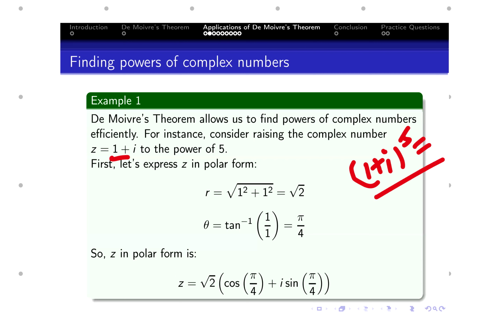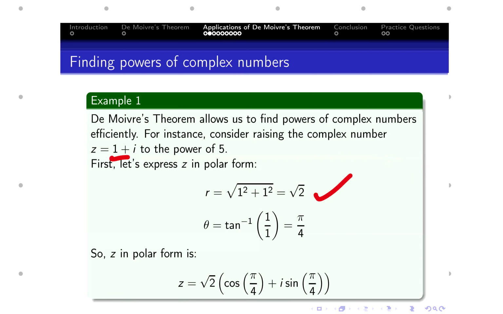De Moivre's theorem, as you can see already, operates in polar form. So whenever you have a number like this, you want to first express it in polar form so that you can easily use De Moivre's theorem on it. In polar form, you need the modulus, which is the square root of a squared plus b squared.